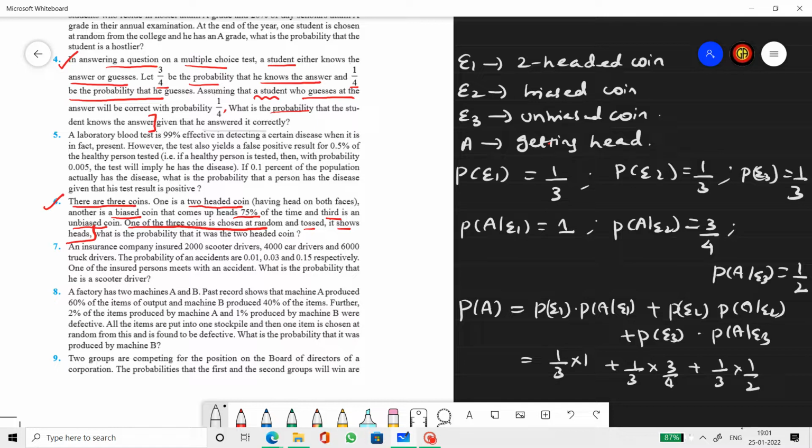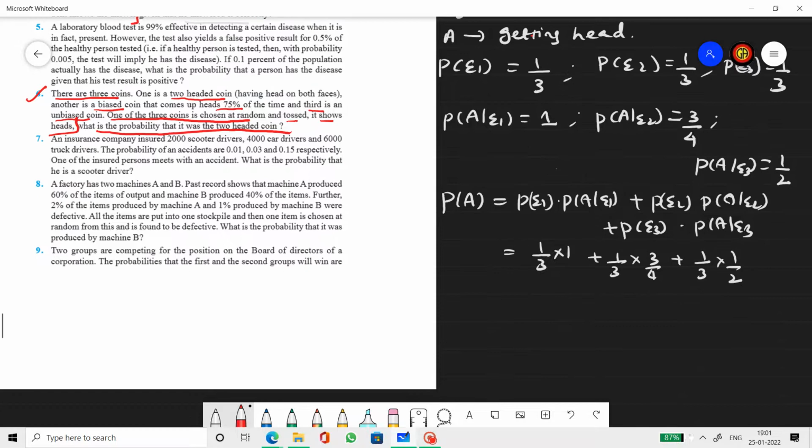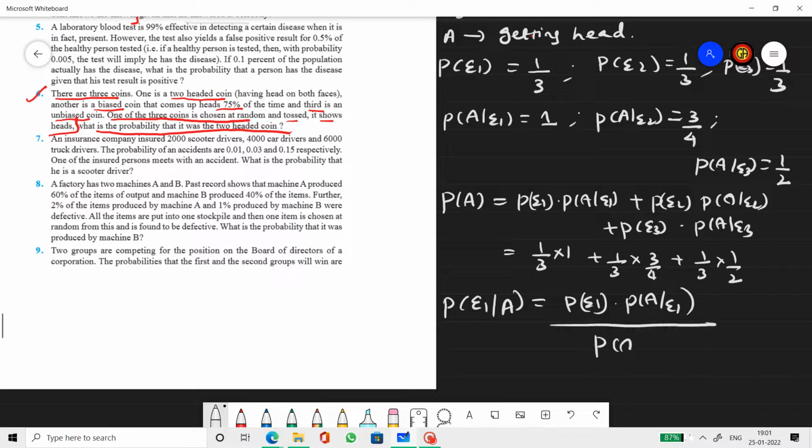Now let's read the last line of the question. What is the probability that it is a two-headed coin? So that is getting a two-headed coin, which is the first coin. So E1 given A, which is P of E1 into A given E1 divided by the total probability.